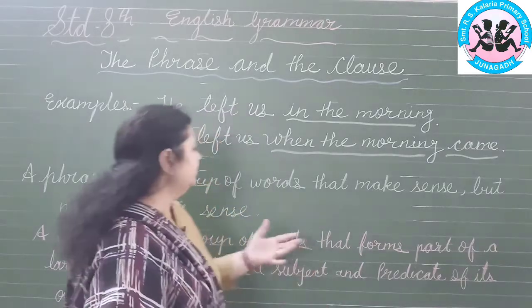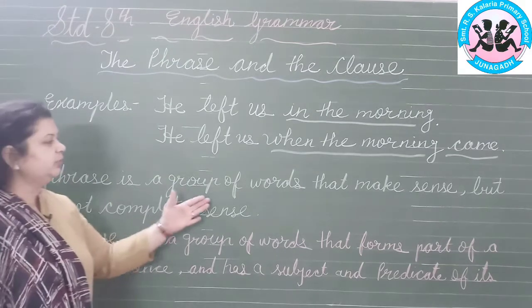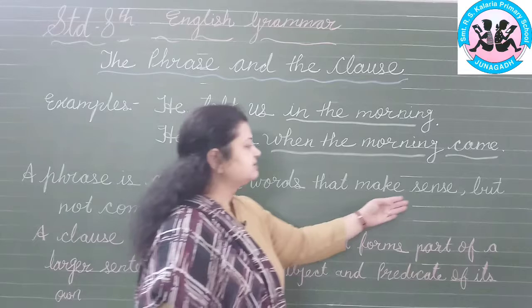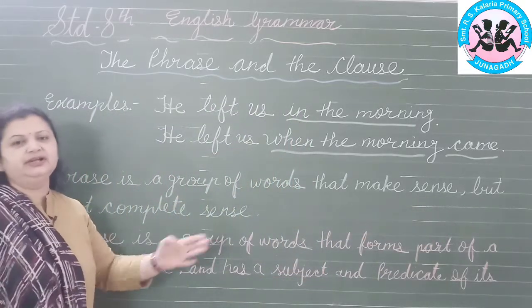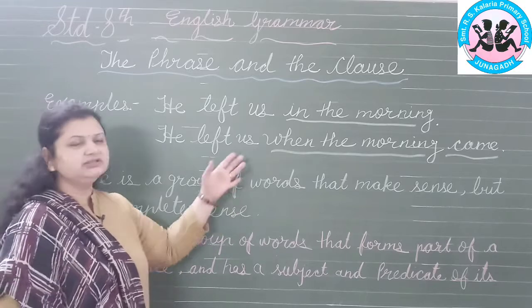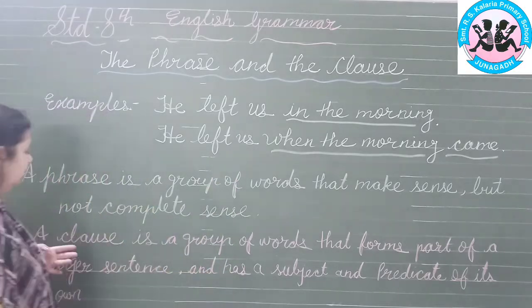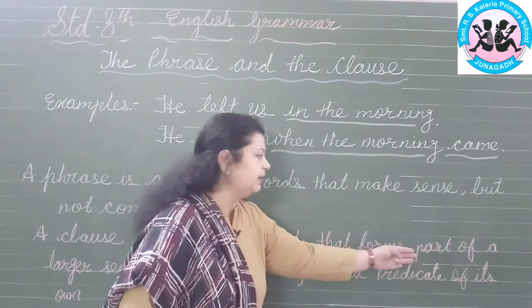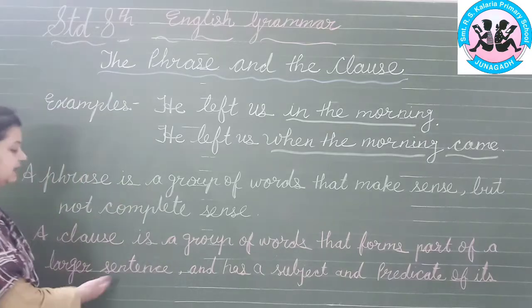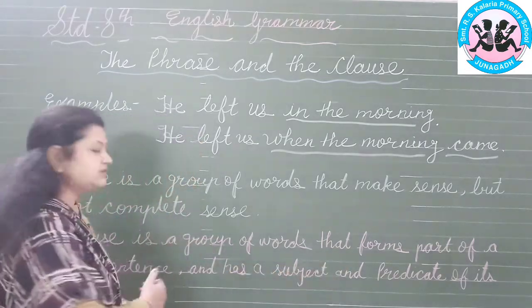So now the definition will be: a phrase is a group of words that makes sense but not complete sense, and you can add that it has no predicate and no subject. A clause is a group of words that forms part of a larger sentence and has a subject and predicate of its own.